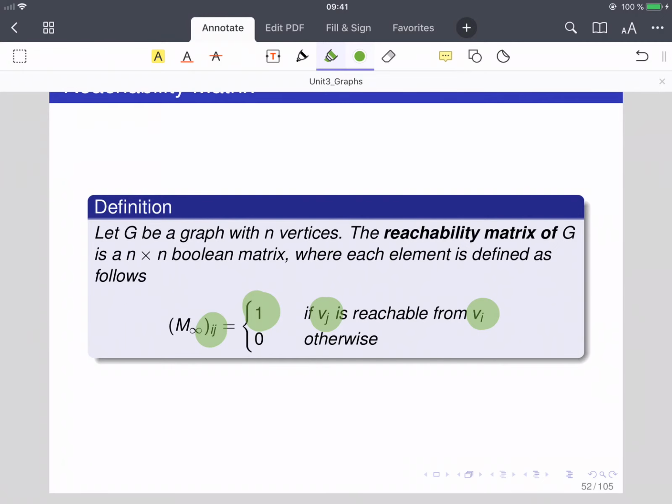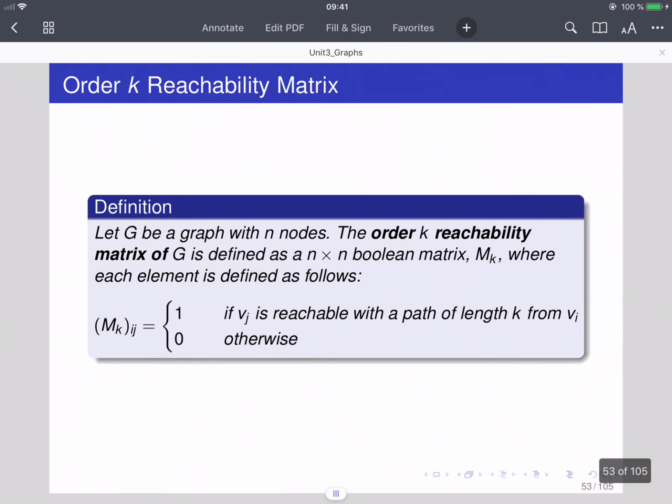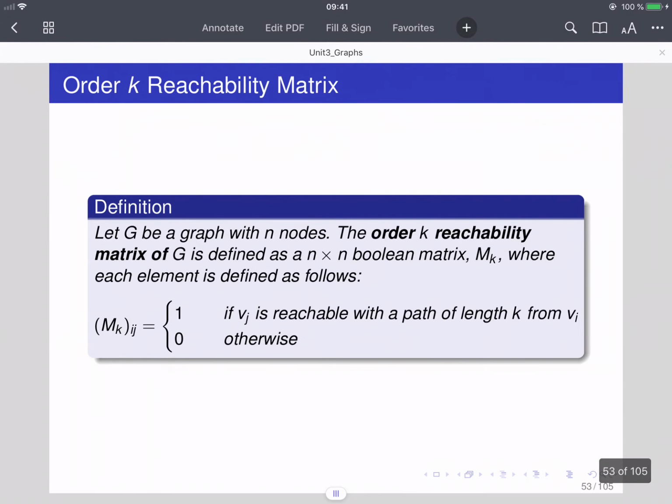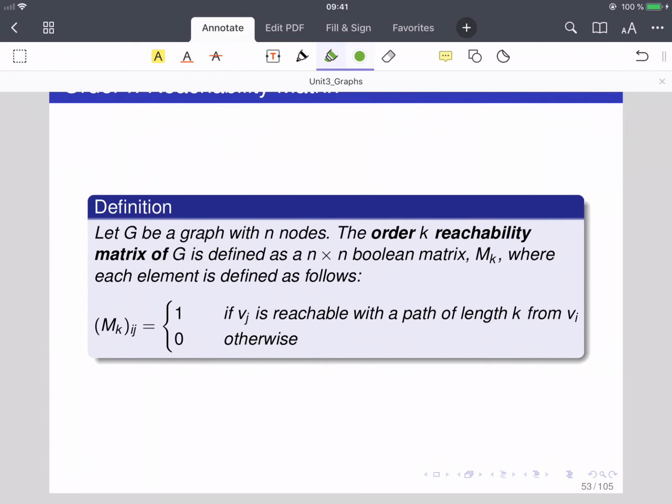In order to do that, we are going to use some auxiliary matrices: the matrices for the k-reachability relationship. We are going to define them in a similar way to the definition of the reachability matrix. The only difference is that now we impose the condition that the path that connects vi with vj is of length k.